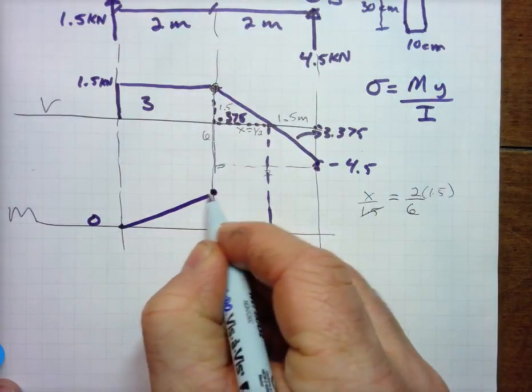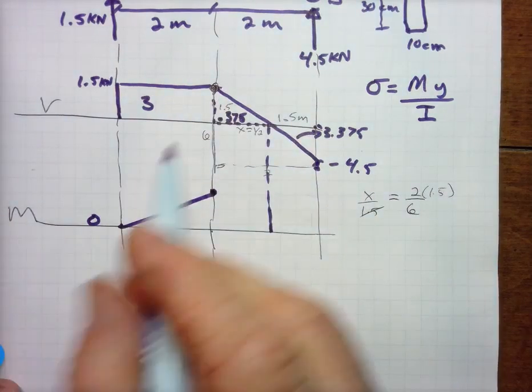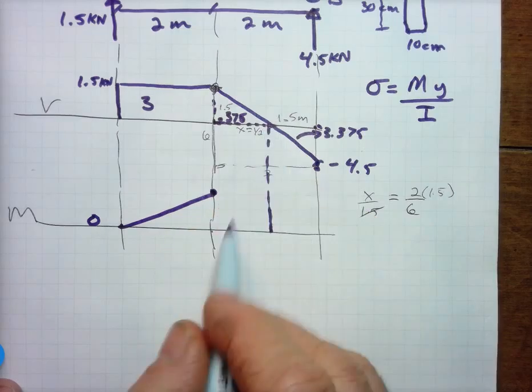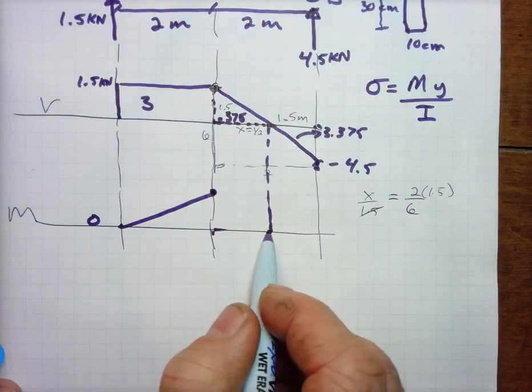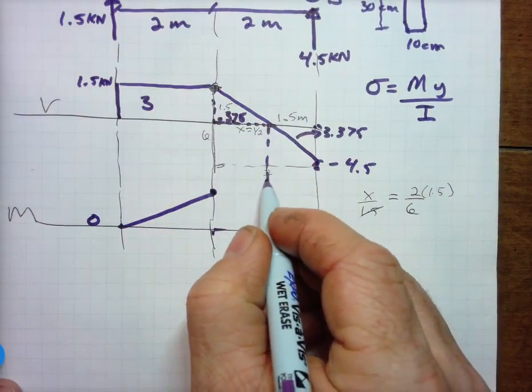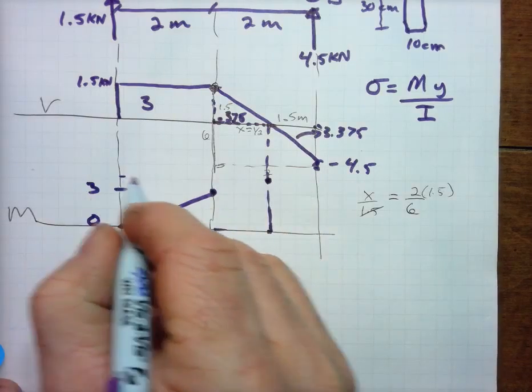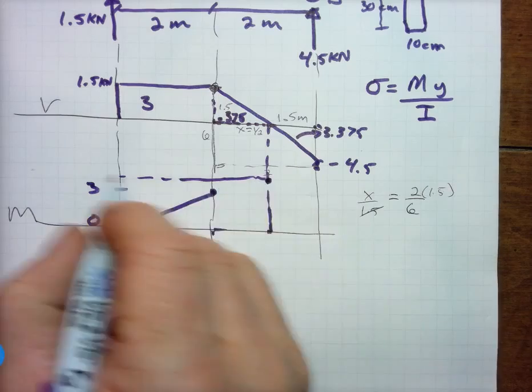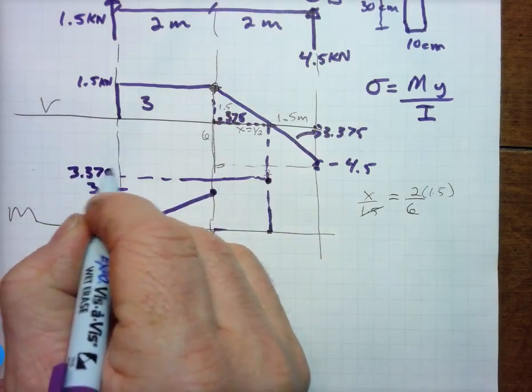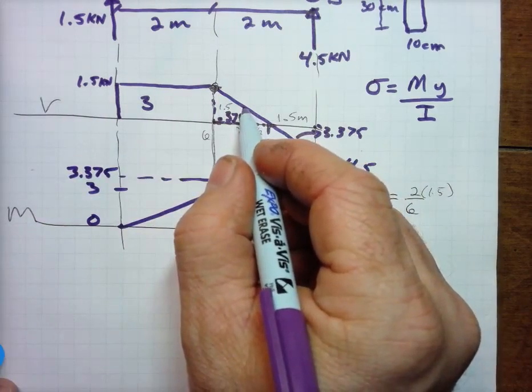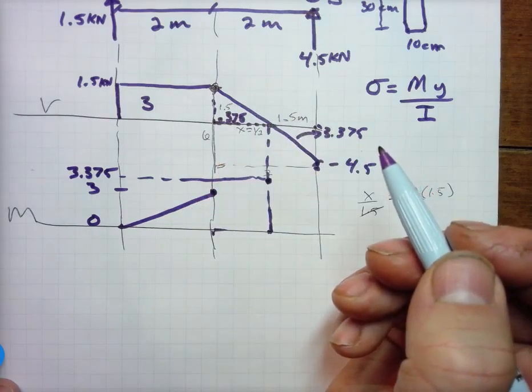Horizontal line, inclined line. As I go to the next important point, I need to go up by 0.375. So I was at 3, now I'm going to be at 3.375. This is an inclined line, so this is going to be a parabola.